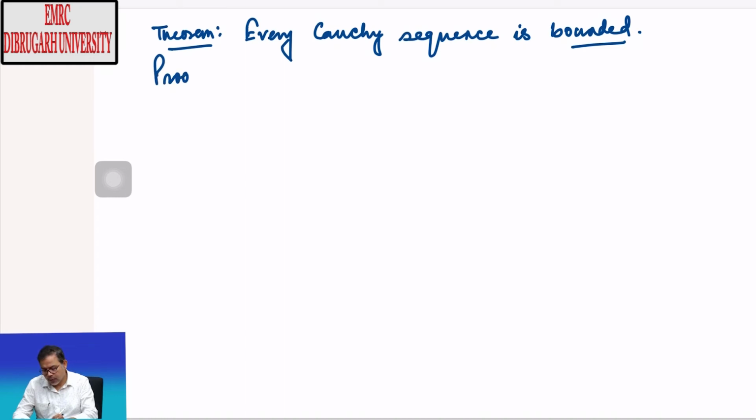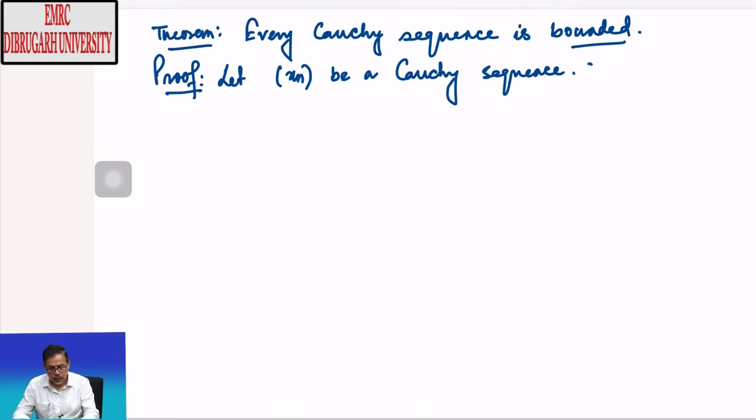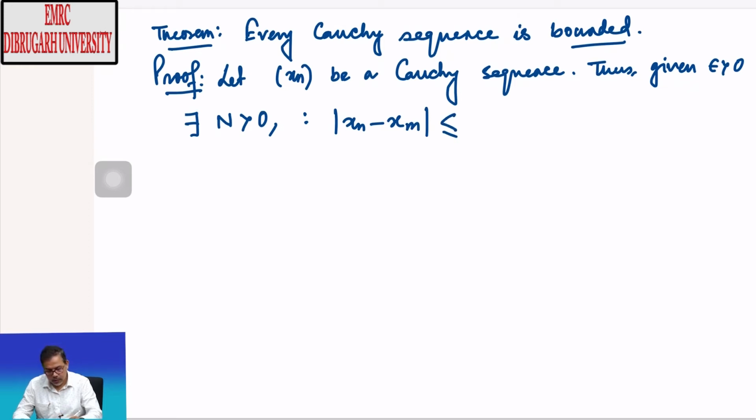The proof goes as follows: let x_n be a Cauchy sequence, thus given epsilon greater than 0, there exists capital N greater than 0, such that x_n minus x_m is less than epsilon for all n and m greater than or equal to N.